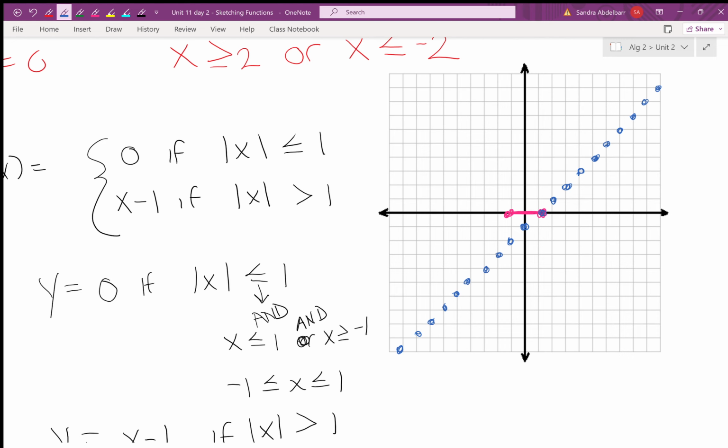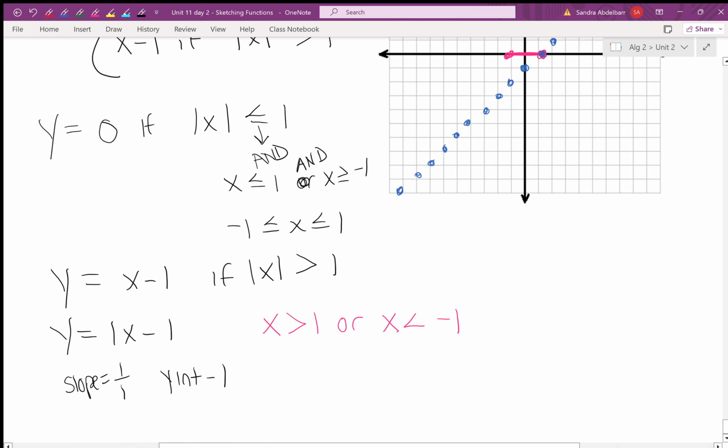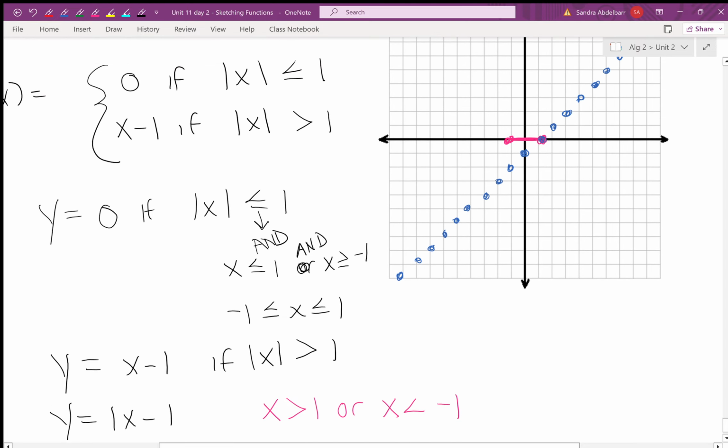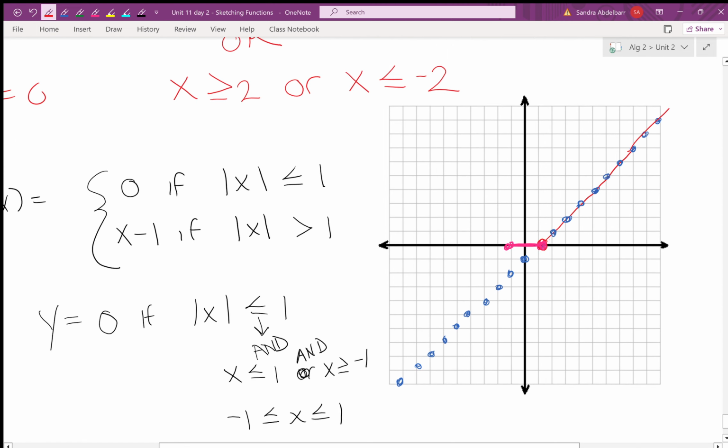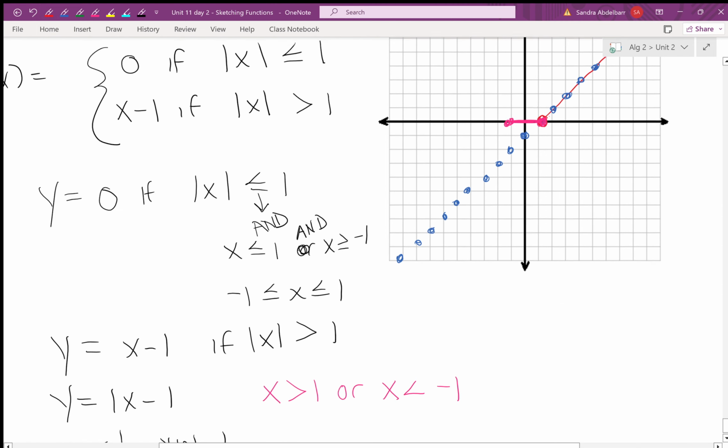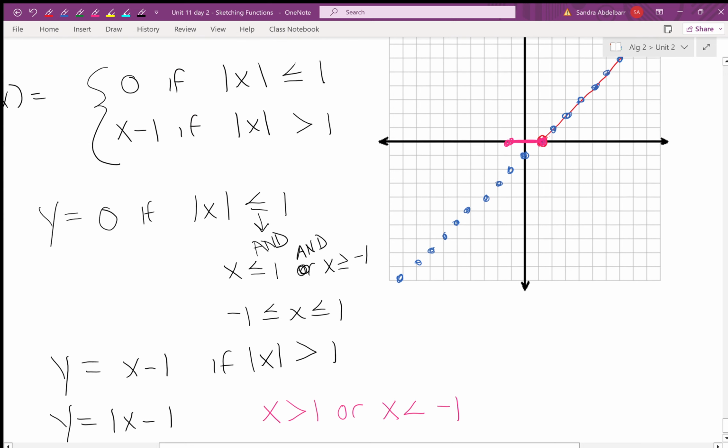Okay, but our domain is restricted. It says x has to be greater than 1. So where is x greater than 1? Well, this would be an open circle over here, but isn't there already a closed circle there? So what do we know? Closed trumps open, right? So we're just going to draw our arrow going up where we're greater than 1. But then it's saying x is less than -1.